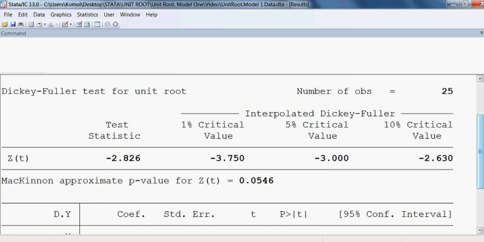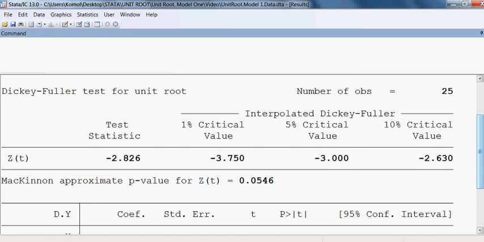But if the absolute test statistic is less than the critical value, then we cannot reject the null hypothesis. Rather, we accept the null hypothesis. That is always the guideline.